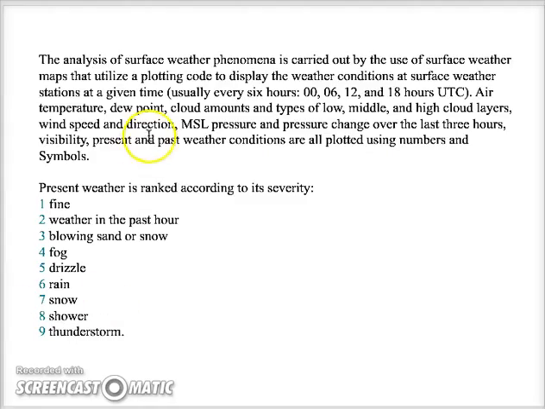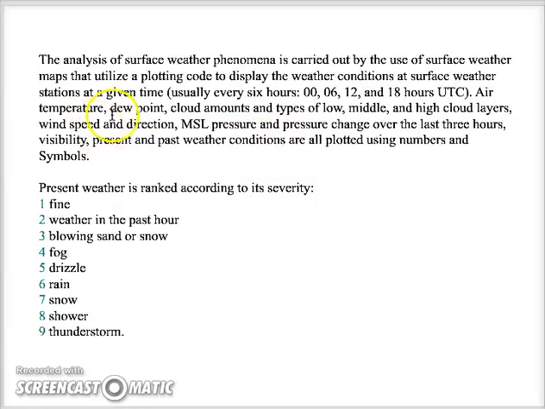So the analysis of surface weather phenomena is carried out by the use of surface weather maps that utilize a plotting code to display the weather conditions at surface weather stations at a given time, usually every 6 hours: 0, 6, 12, and 18 hours UTC.